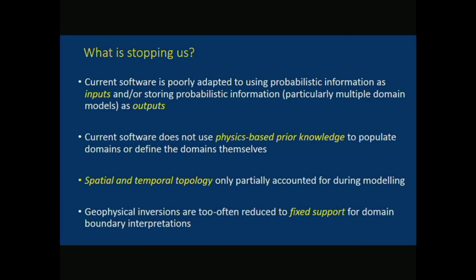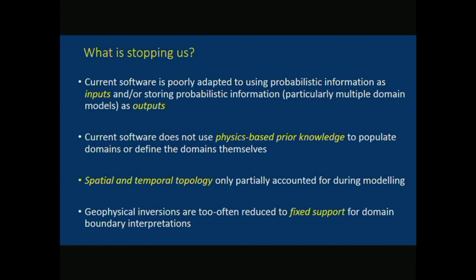So what's stopping us? I'm not going to go into detail, just saying that fundamentally what's stopping us from doing this sort of work right now is that the software we have almost never takes uncertainty as an input. You can give out uncertainty, you can make 1,000 models, but none of the standard software that we use for building 3D geological models uses the uncertainty in the structural information, the variation in geophysical models that might be constraining it, or positional uncertainty in drill holes as an input to your modeling system.